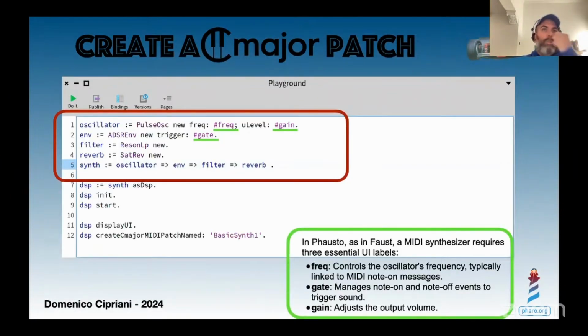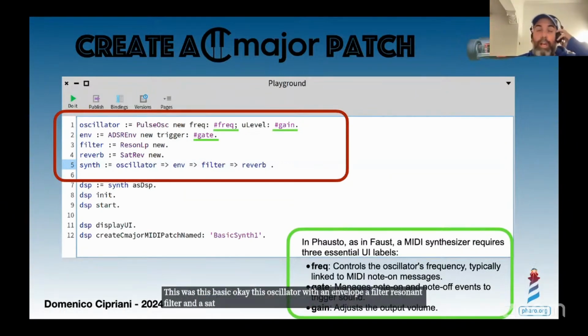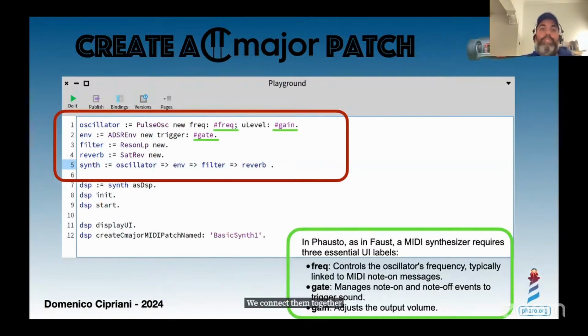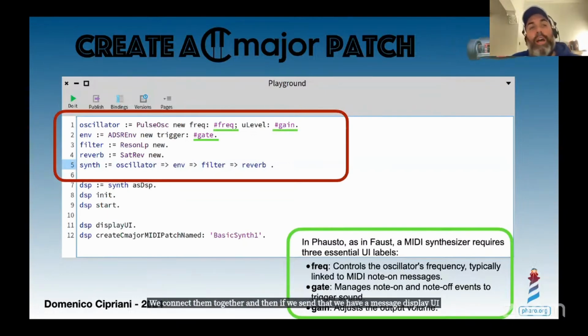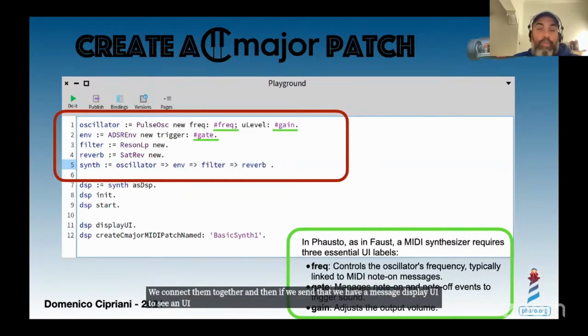This was the basic one, okay? This oscillator with an envelope, a filter, a resonant filter, and a reverb that is a version of the JC reverb. We connect them together, and then if we send the message displayUI, we see a UI in Pharo and can play with the sound.